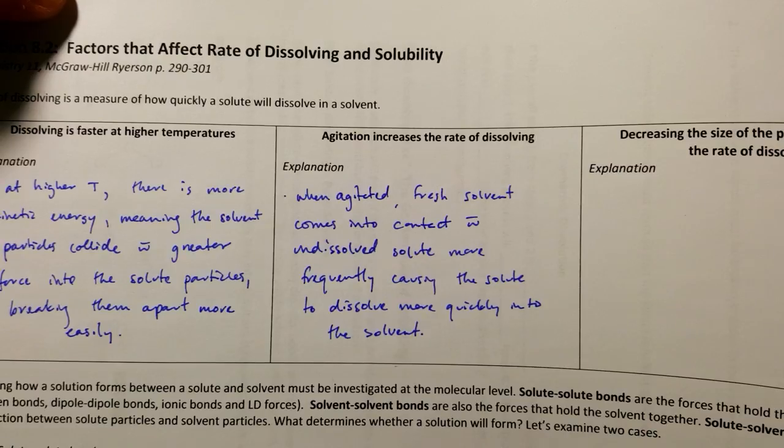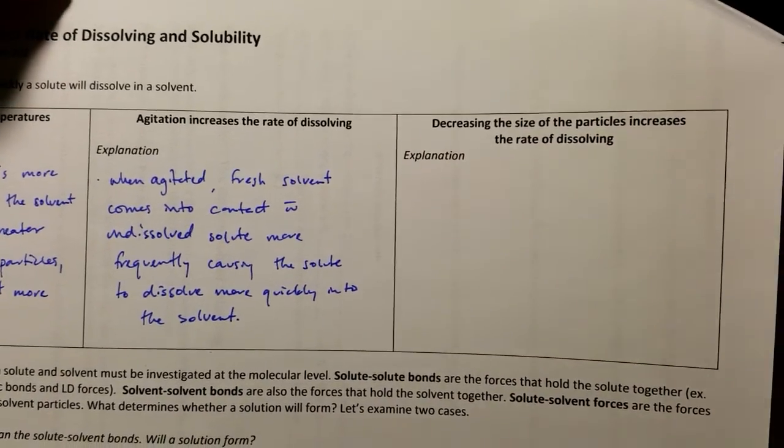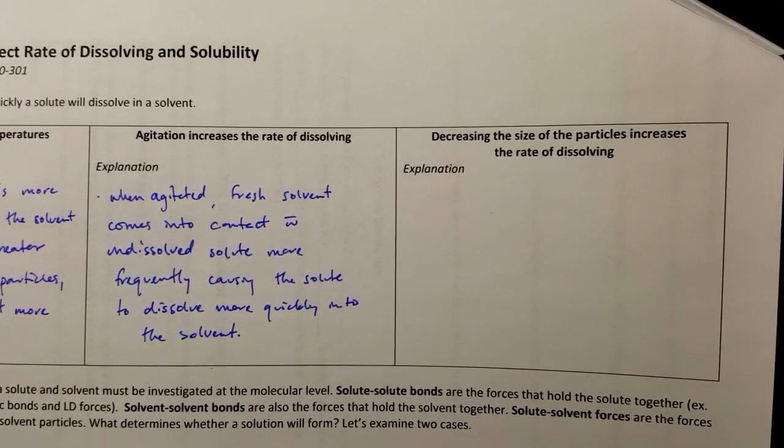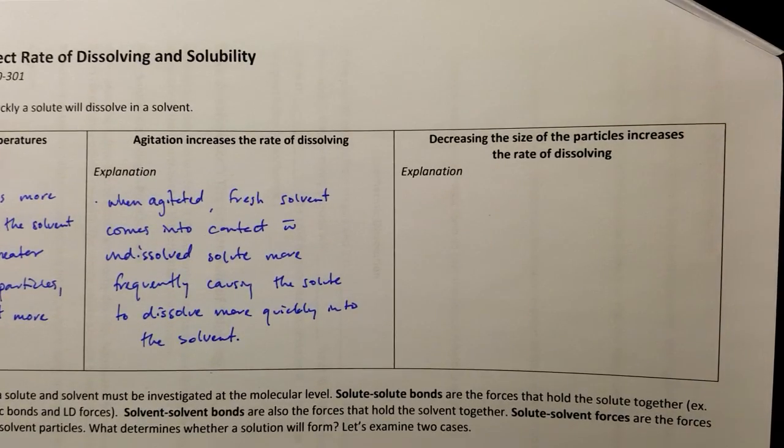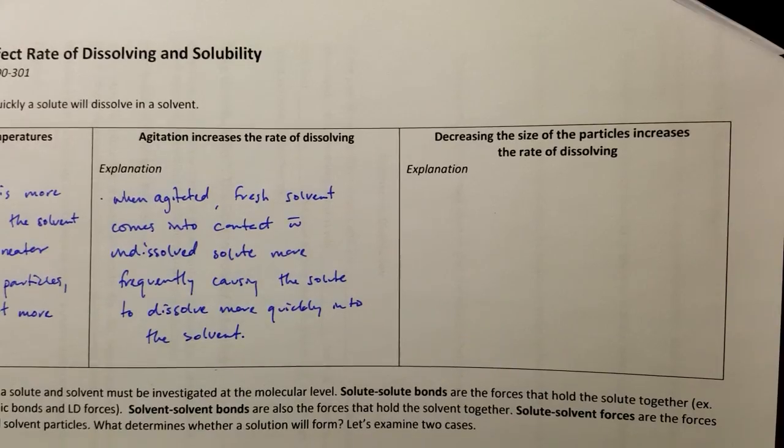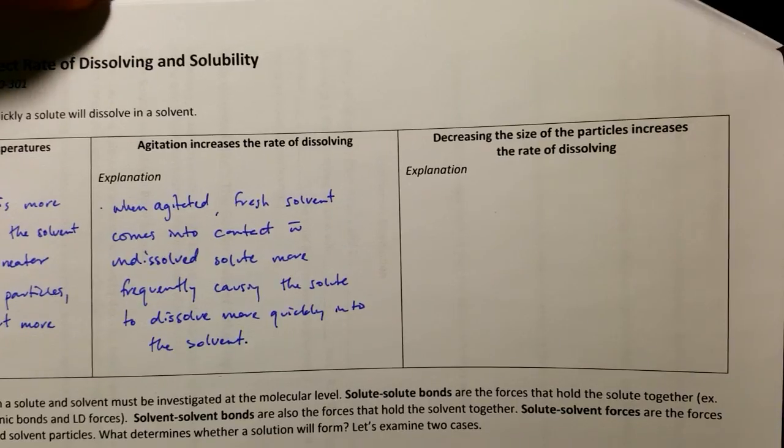Okay. And the other thing you might know is that decreasing the size of the particles will also increase the rate of dissolving. So a very fine sugar powder will dissolve much faster than large sugar cubes or large sugar chunks, right? That should be fairly self-evident, right?